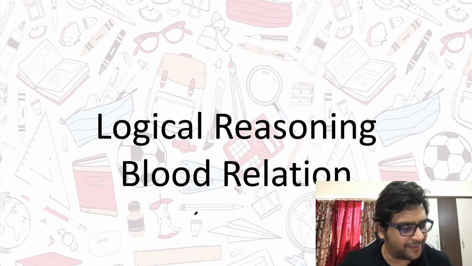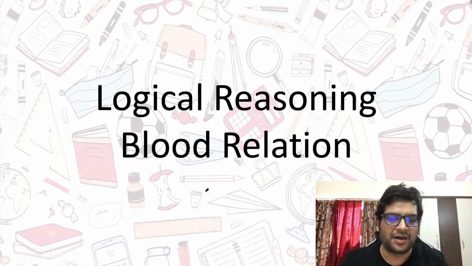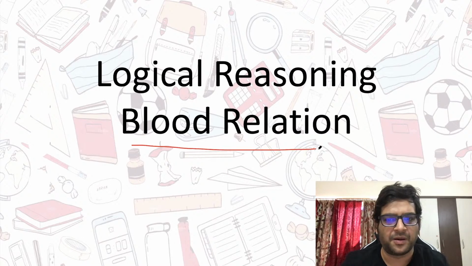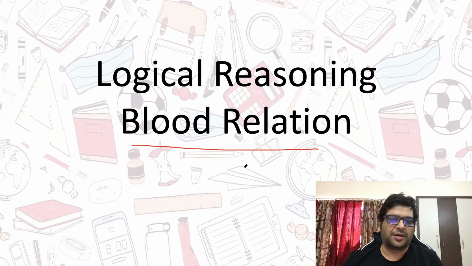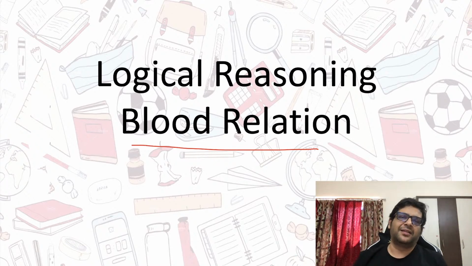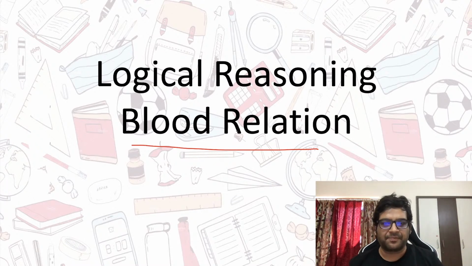Welcome to the class. What we'll be doing today is discussing some of the basics of blood relation based questions. Now these questions form the fundamental level of logical reasoning. You're not going to get questions on this in the CAT exam, at least not very frequently.